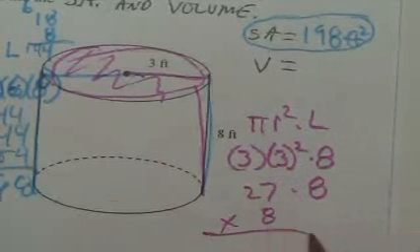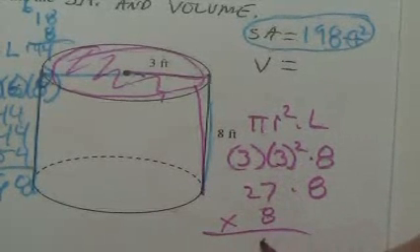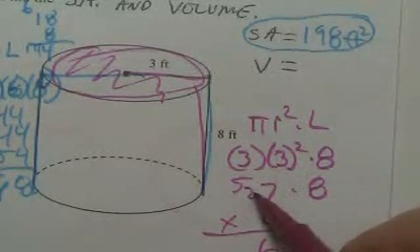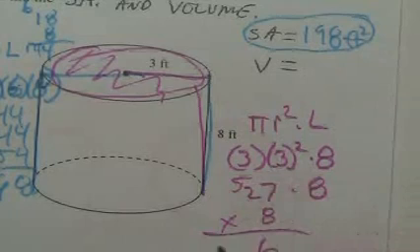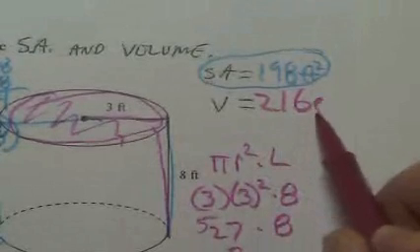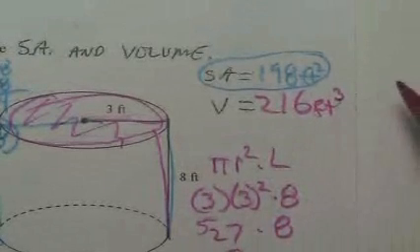I'll just stack it. 8 times 7 is 56. 8 times 2 is 16. So that's 216. That's cubic feet.